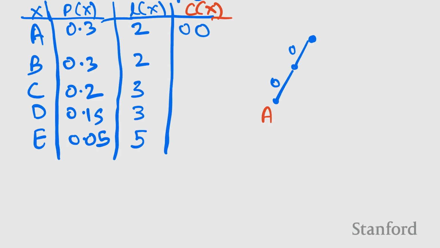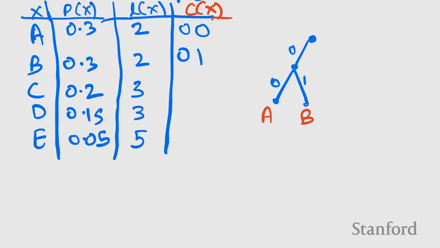Now for B. B I need to assign again a length 2 code word without violating the prefix property. Suggestions? 0, 1. Okay. I like it. I like people are not straying off the code that I made at home. For C, I need a length 3.